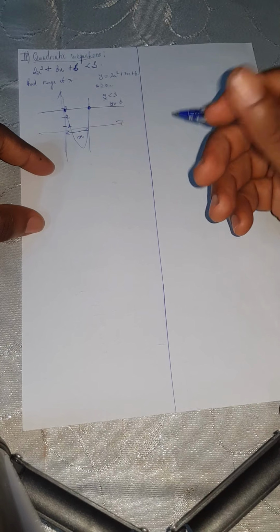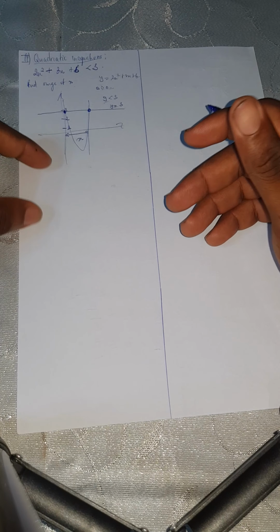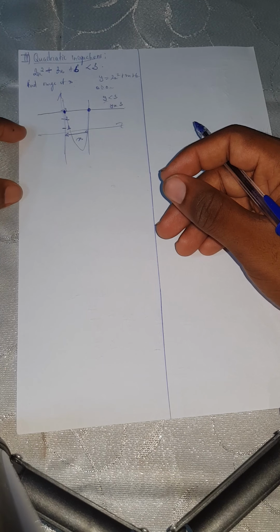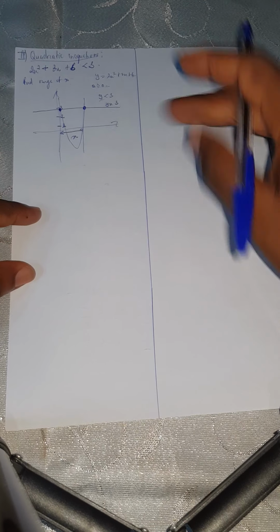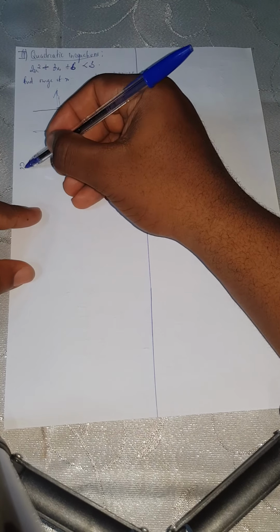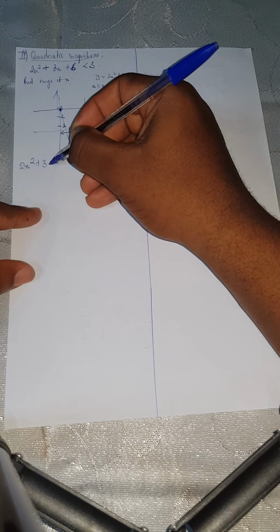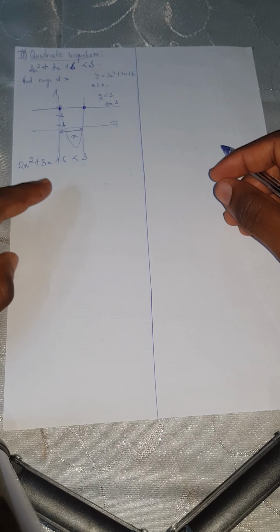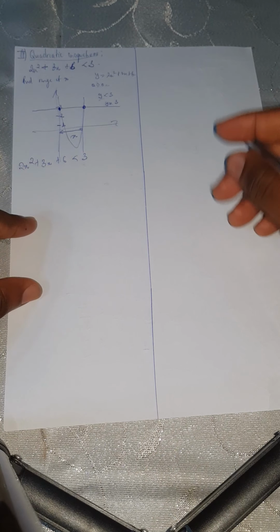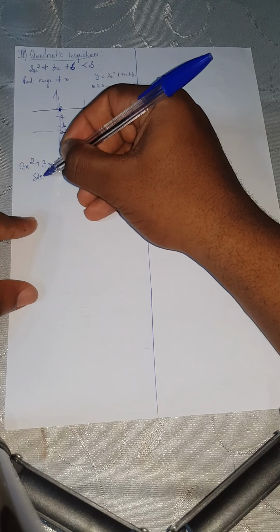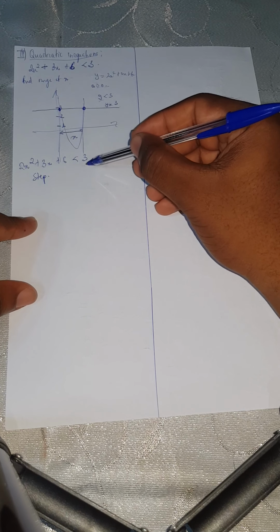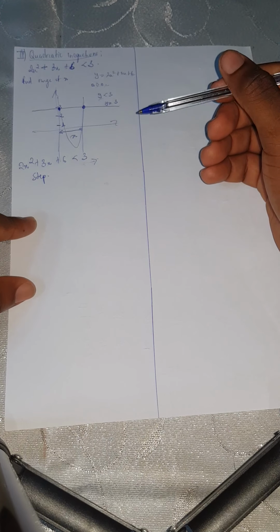So let's try to find the range of values of x which will respect the inequation above. Now we know that 2x squared plus 3x plus 6 is less than 3. Anytime we want to proceed with this inequation, the first step I have to do is to reduce the other side of the inequation to 0.